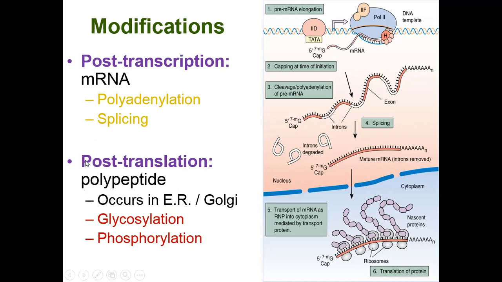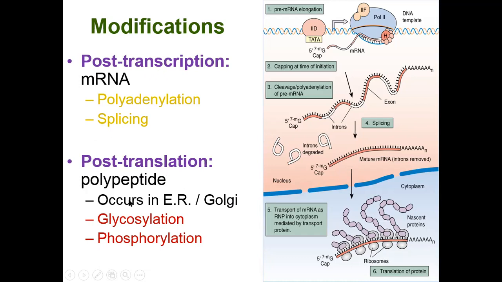By the same token, after the production of proteins, or translation of the message in the messenger RNA, we will have some changes. These are called post-translational modifications. Post-translational modifications happen on the polypeptide chains or proteins, whereas post-transcriptional modifications happen on the messenger RNA.